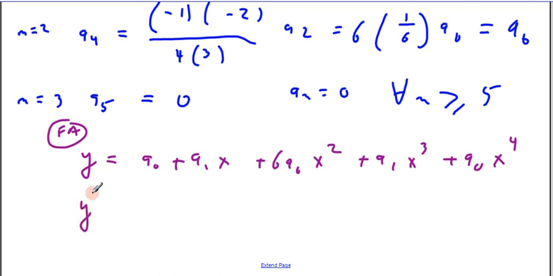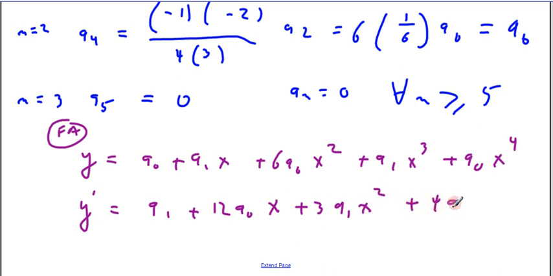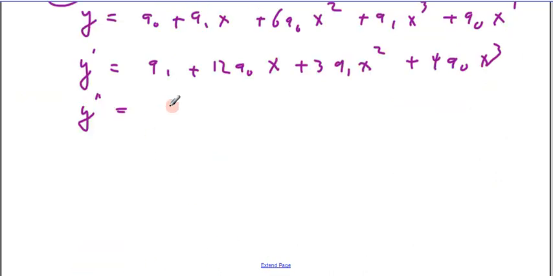y prime is a1 plus 12a0x plus 3a1x squared plus 4a0x cubed. y double prime is equal to 12a0 plus 6a1x plus 12a0x squared.